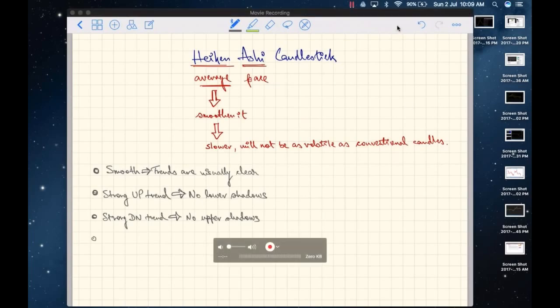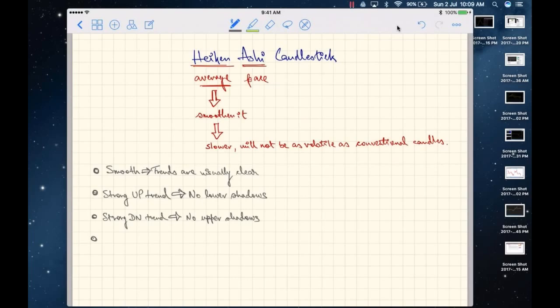So I can say that dojis or spinning tops or small body candles can imply reversal. And conventional candlestick patterns do not work here.